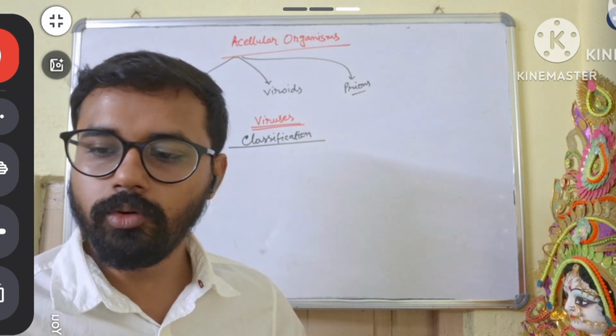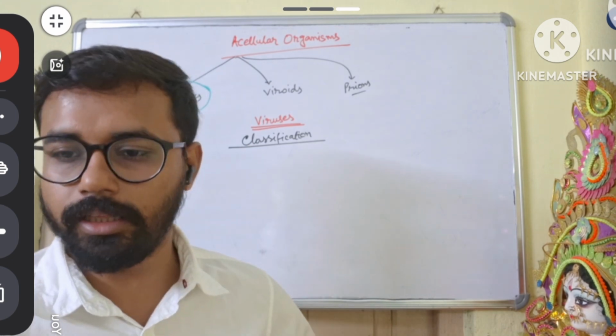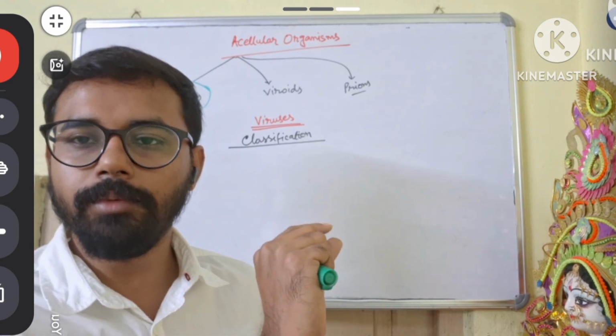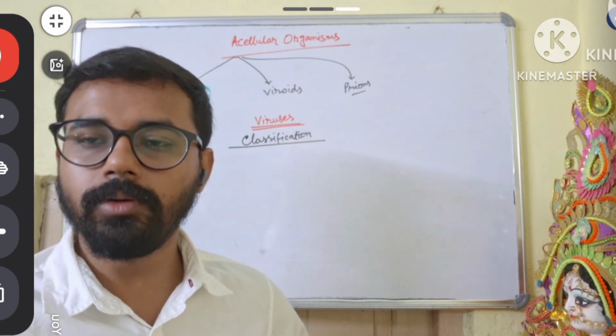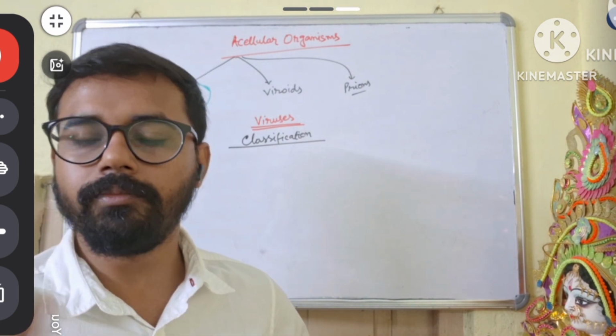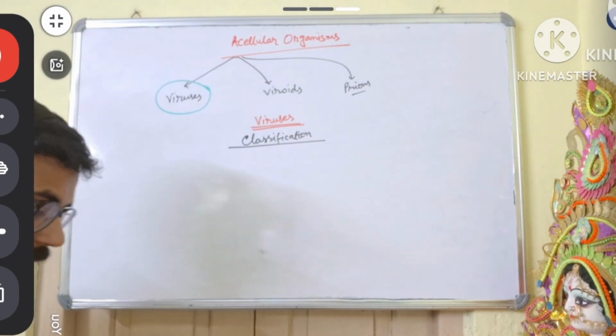Protein. That means two materials compose the virus structure. That's why it is called nucleoprotein: nucleic acid and protein. These two are the ultimate parts that make up the virus body.